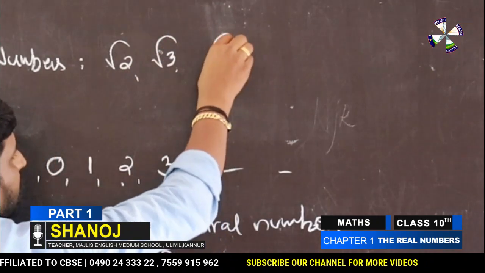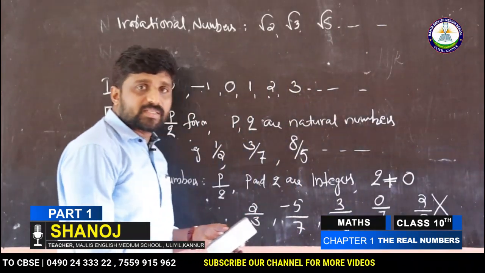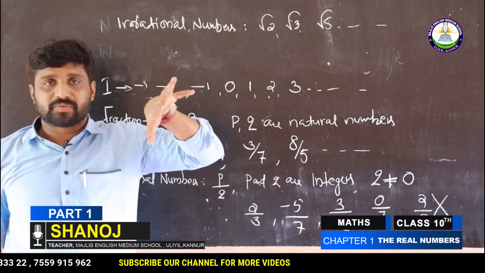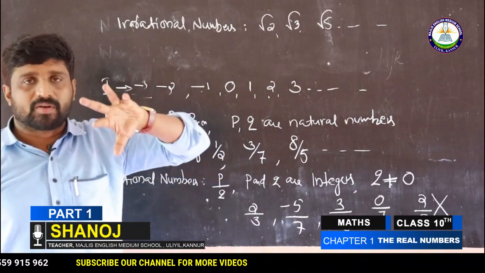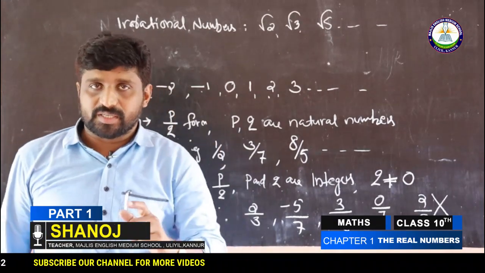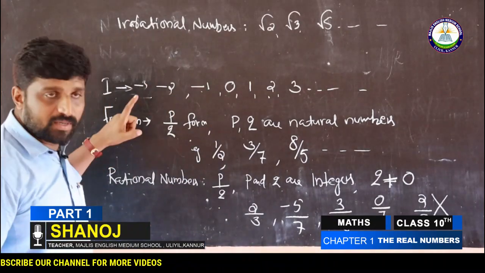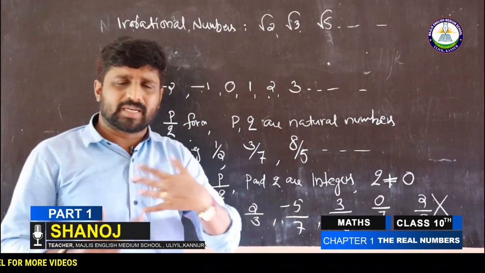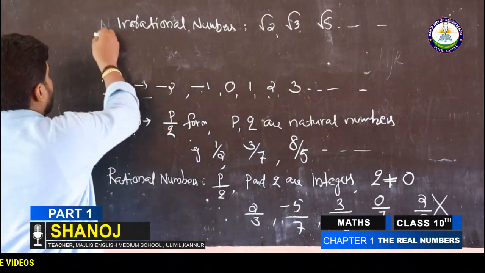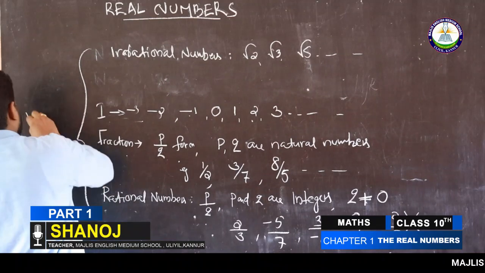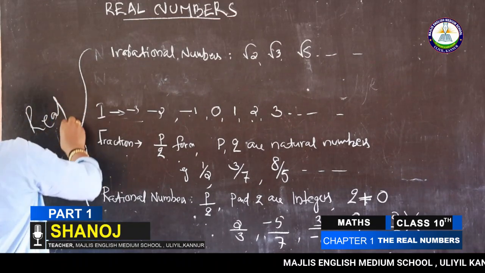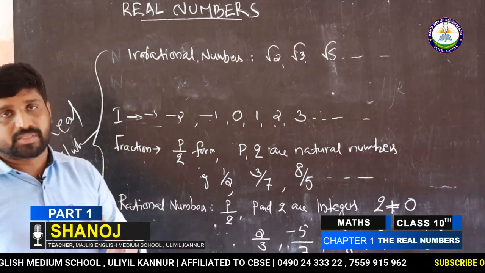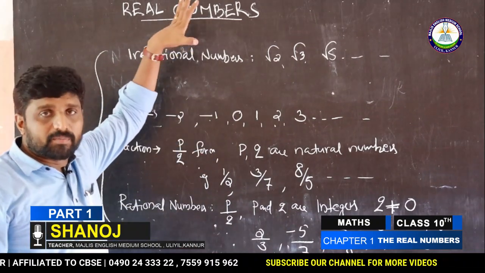Root 5, numbers like that are considered irrational numbers. Now we have discussed the types of numbers: natural numbers, whole numbers, integers, fractions, rational numbers, irrational numbers, and the remaining decimal numbers like that. All of these together are known as real numbers. That is what we discussed here, real numbers.